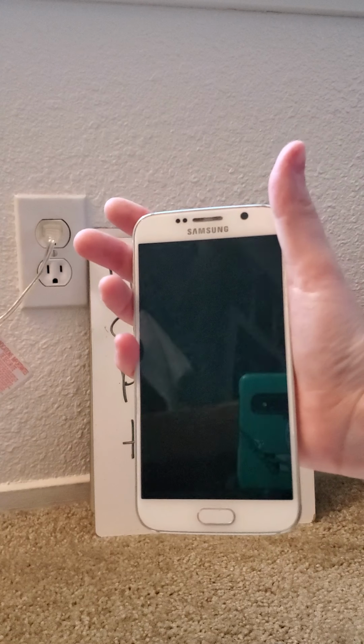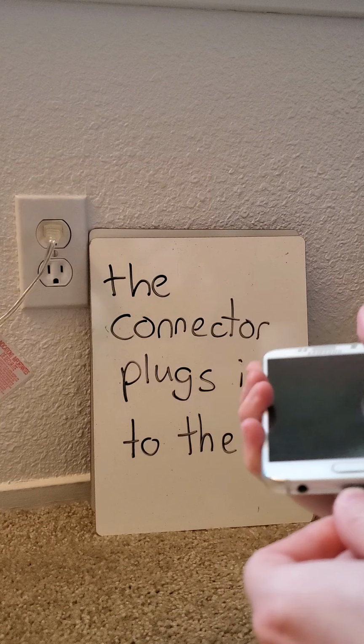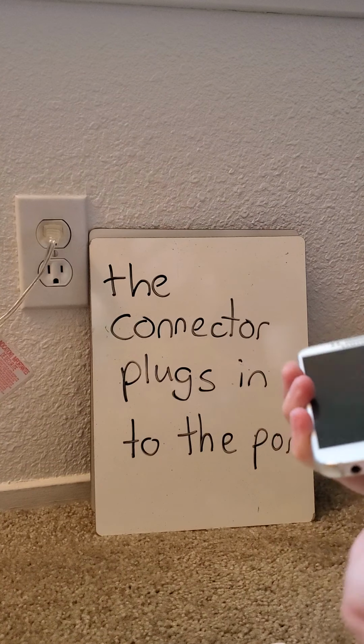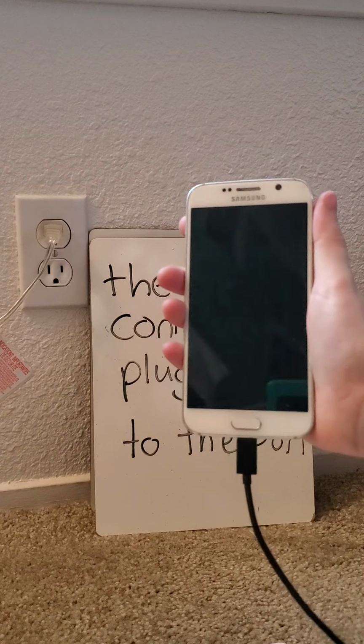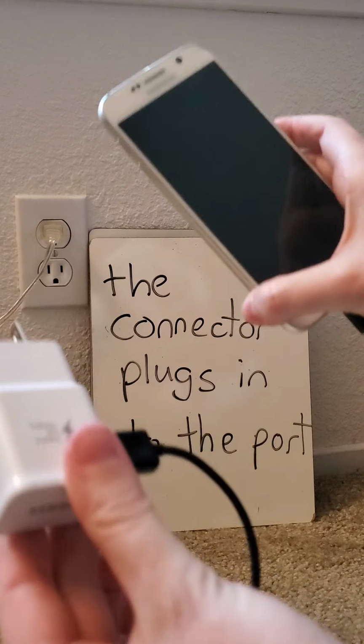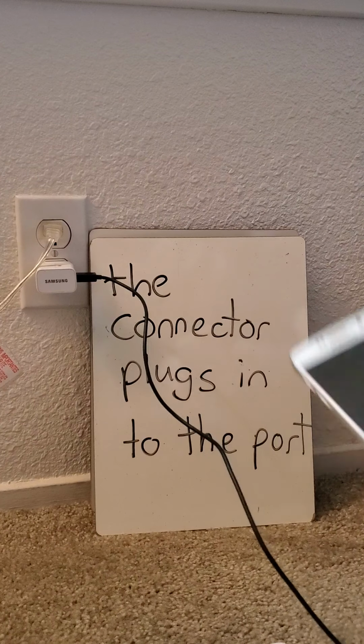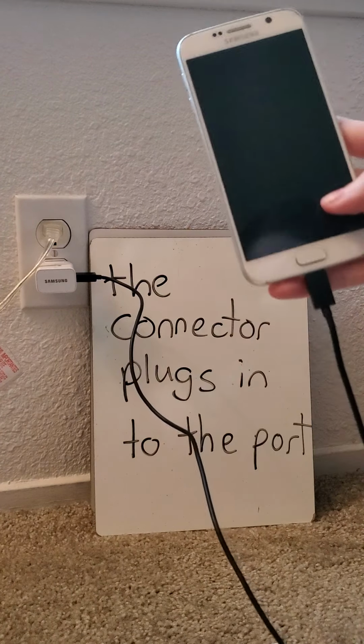This is an older Galaxy phone, so this one will have a micro USB. I think it goes this way, plug in right there. And then of course the other end of this, we have plugged in to here. And so now we can plug it into the wall and it will charge the phone, right?